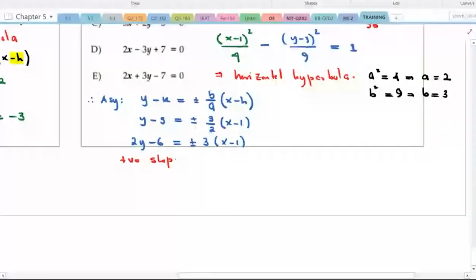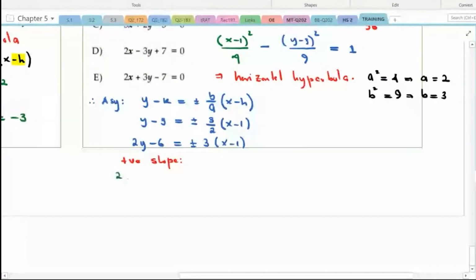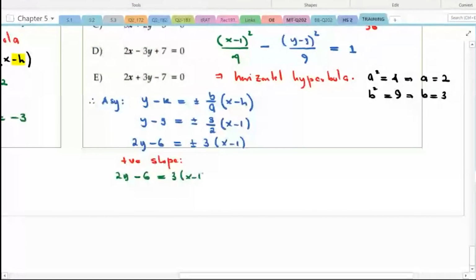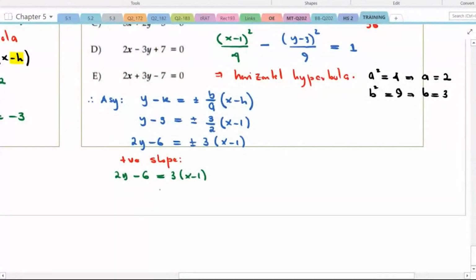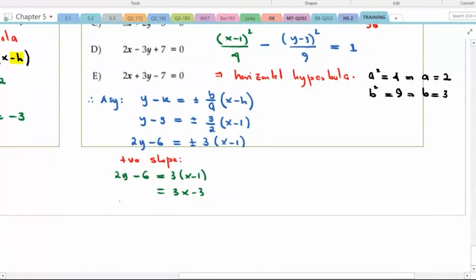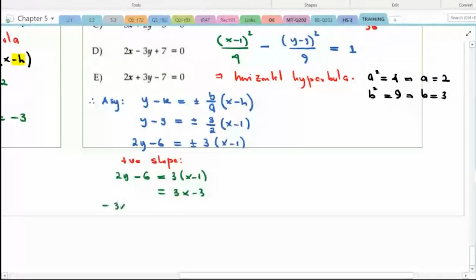For the positive slope, we say we have 2y minus 6 is equal to 3, open the bracket because we are using the 3 (x minus 1). So here is going to be equal to 3x minus 3. Now bring the 3x here. So we have minus 3x plus 2y.